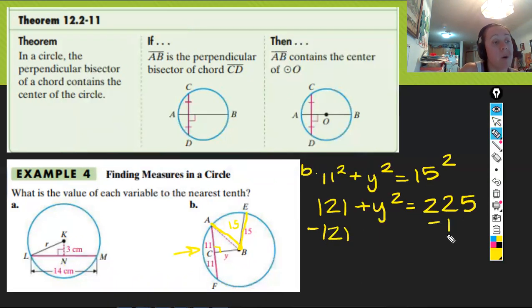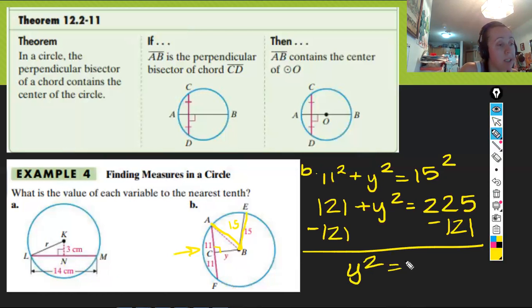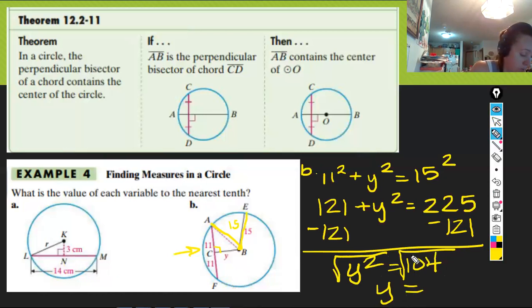We can solve for that y squared. We get y squared is 104. Get rid of that square root. Whoops, that's not the right button. And we get 10.2. And that would be my y value there.